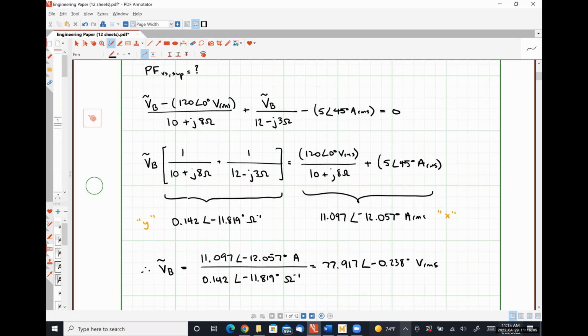All right, so we have determined VB. How do we use this to get QB, which is what we're actually looking for?